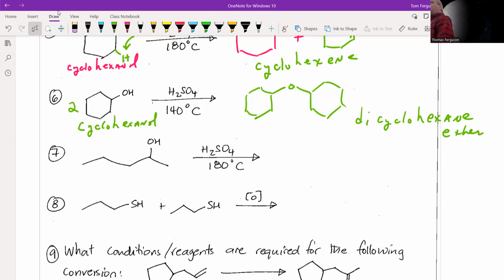Okay, so we have a secondary alcohol now. Back up to 180 degrees means we're going to form an alkene, but we need to shed water. There's water, and there's water. So again, we're going to get a mix. So it's 1, 2, 3, 4, 5.